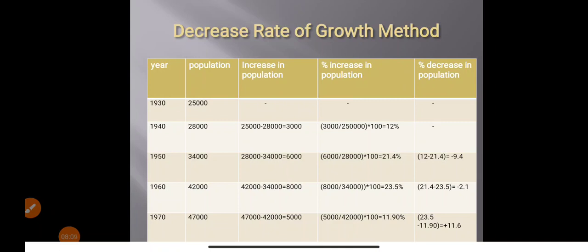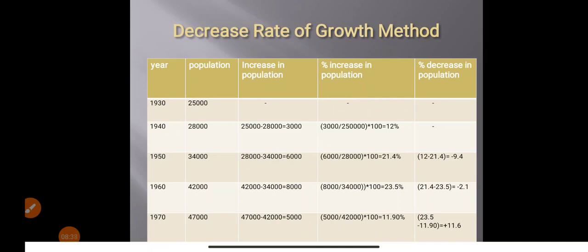And finally, 23.5% minus 11.9% gives a value of 11.6%. So here, minus 9.4 minus 2.1 plus 11.6 divided by 3. So we have to take the average.